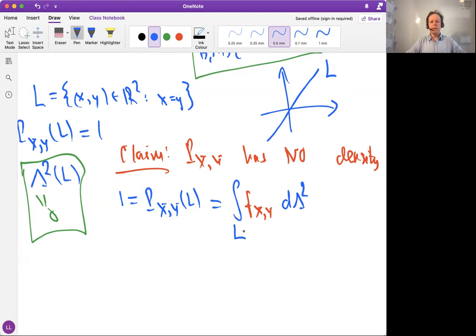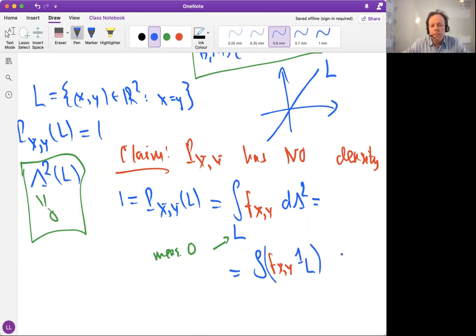But now, because this has measure 0, if you integrate any function across a set of measure 0, what happens? It's the same thing as integrating fxy times the indicator of L. That's our function that we would integrate with this two-dimensional Lebesgue measure.